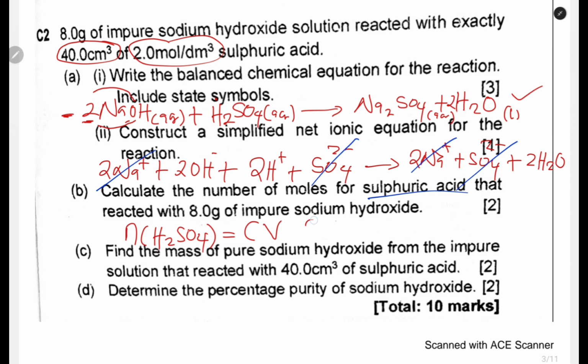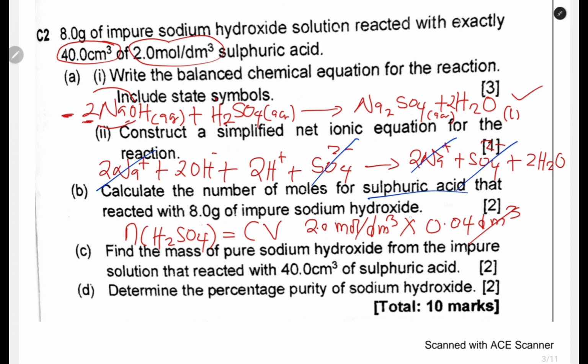Concentration is given as 2.0 mole per decimeter cubed, multiplied by volume. The volume is 40, which we need to convert to decimeter cubed, and it will be 0.04 decimeter cubed.